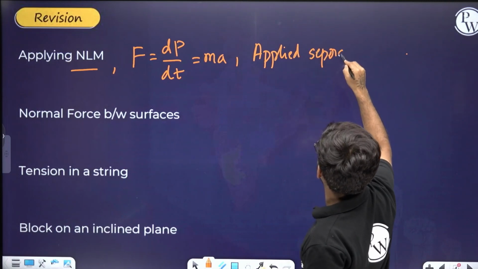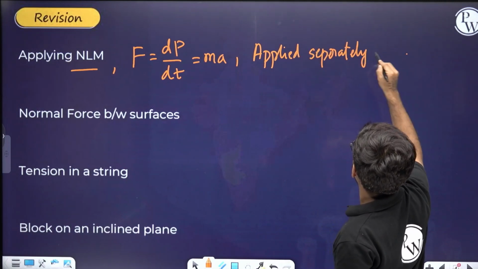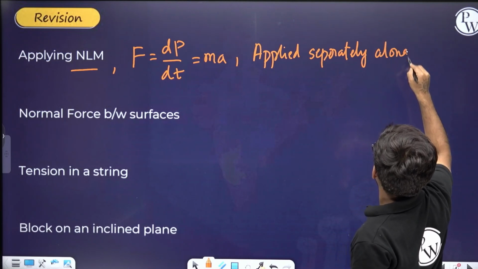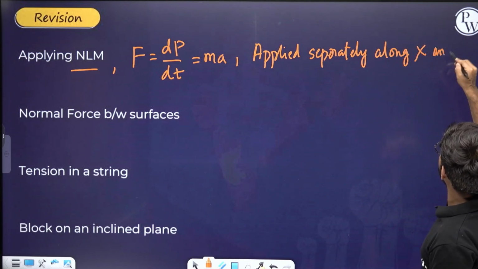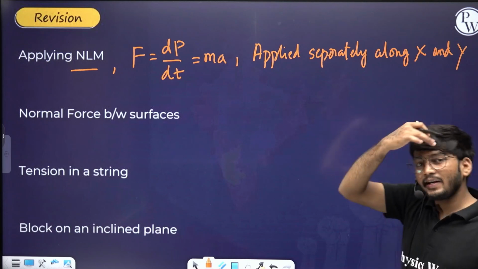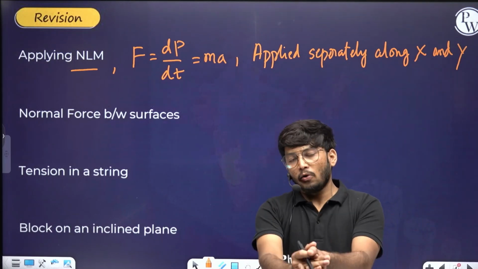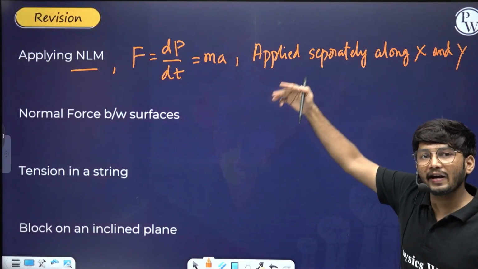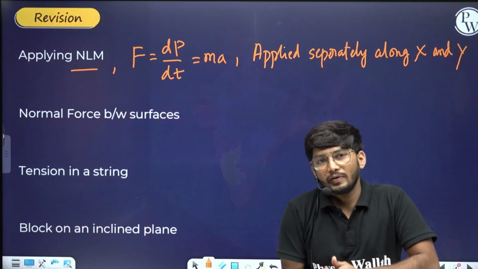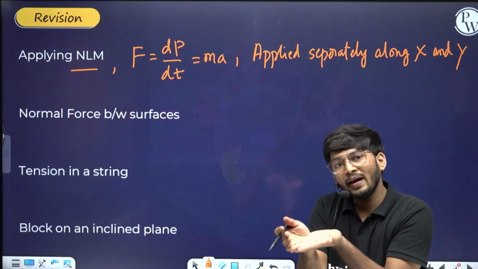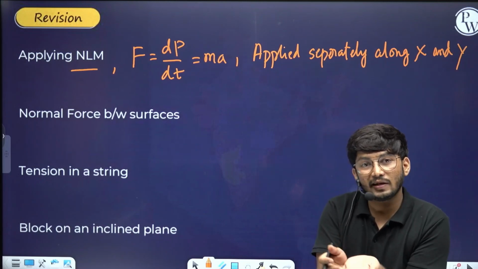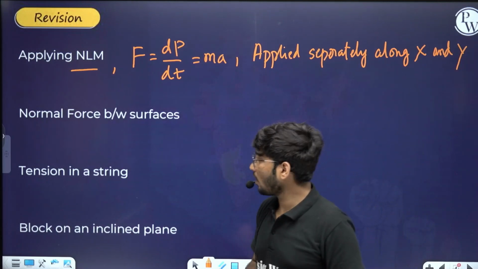So then we got acceleration in x direction and acceleration in y direction. Most of the time acceleration in y direction came out to be 0. We said there is no acceleration in y direction, the system is in equilibrium in y direction.